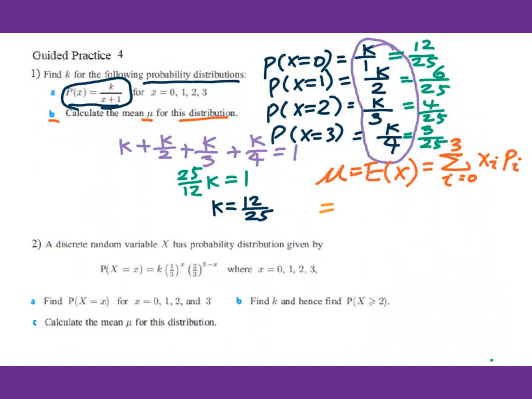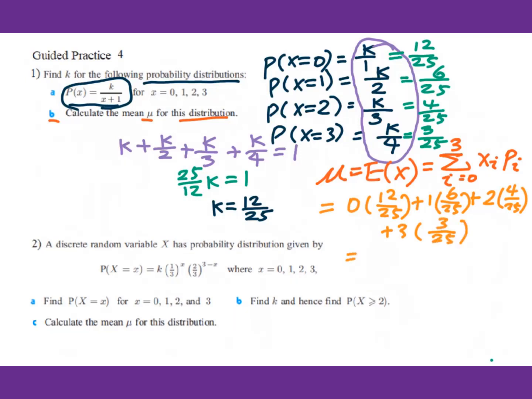You will get 0 times 12/25 plus 1 times 6/25 plus 2 times 4/25 plus 3 times 3/25. Add together, you will get 23 over 25.